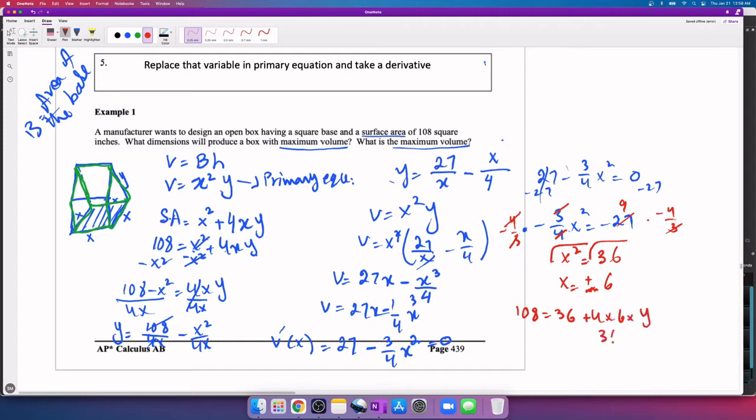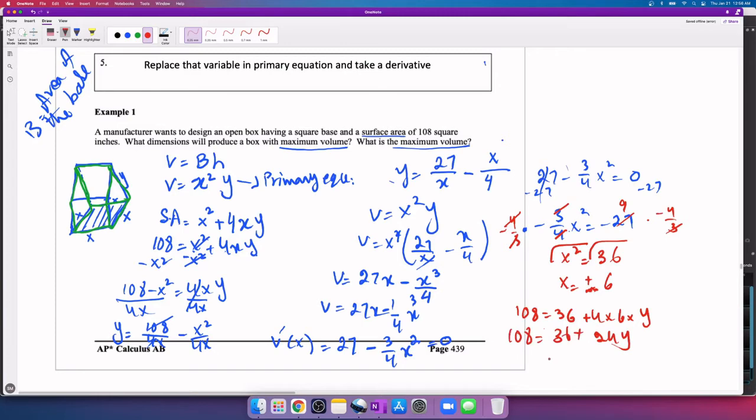So that's 36y. No, not 36, 24. So I got 24y plus 36, and then 108.